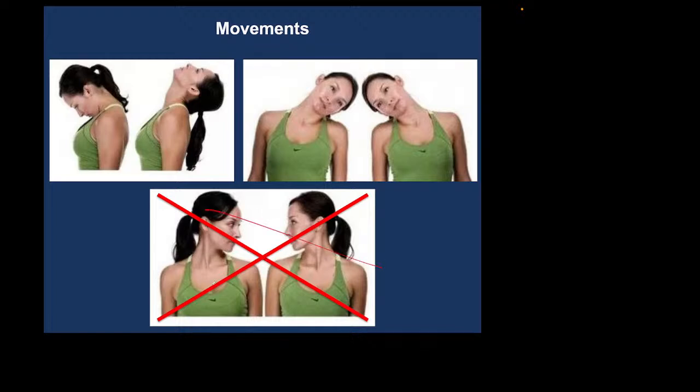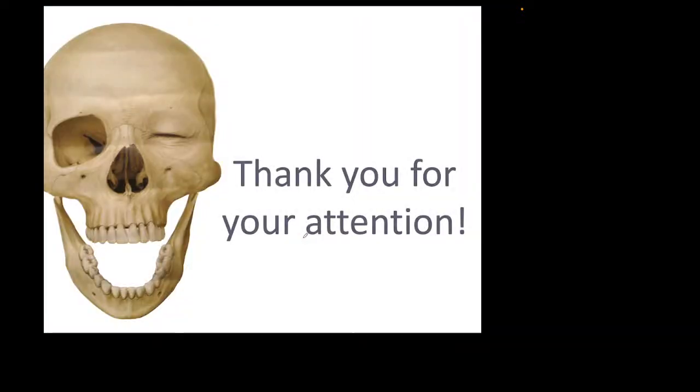Don't say that atlanto-occipital movements give us the rotation of the head. It is done between the first and second cervical vertebrae, but not between the occipital bone and the atlas.